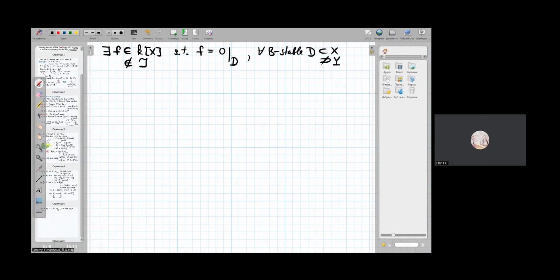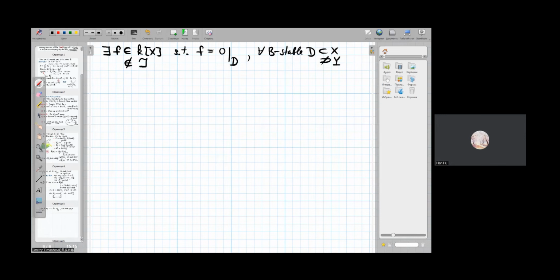Because this orbit, or better the orbit closure Y bar, and the union of these divisors D which do not contain Y or Y bar, are two different closed algebraic subvarieties, the one not contained in the closure of the other. So their vanishing ideals have the same property.